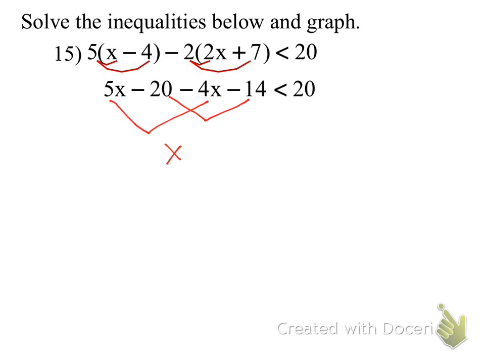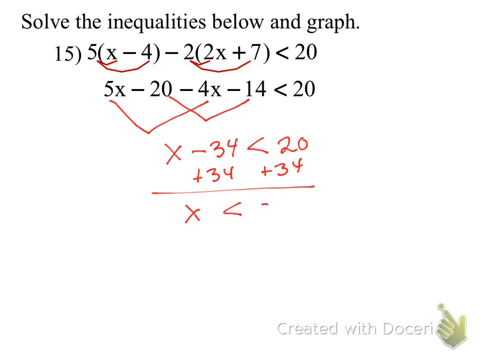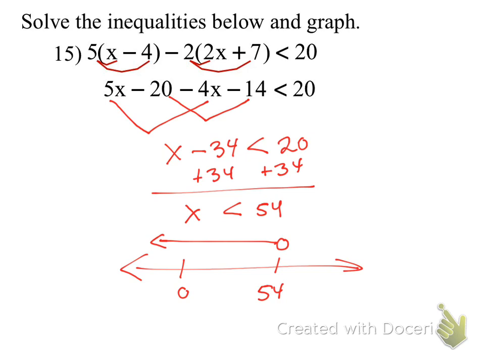So what does it become? X minus 34, less than 20. Good. Now what am I doing? Let's go with Brianne. Then after you would add 34 to both sides. Good. And then you would get x is less than 54. And then we're drawing our, I have 0, I have 54. It's an open circle and we're going to the left.